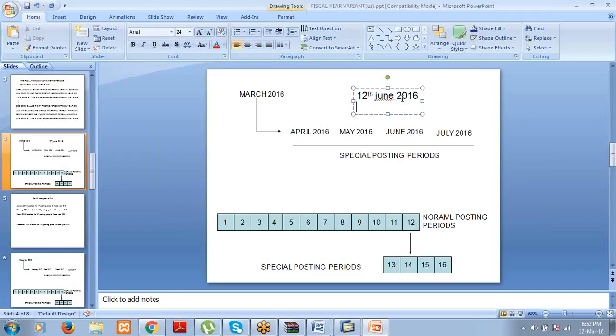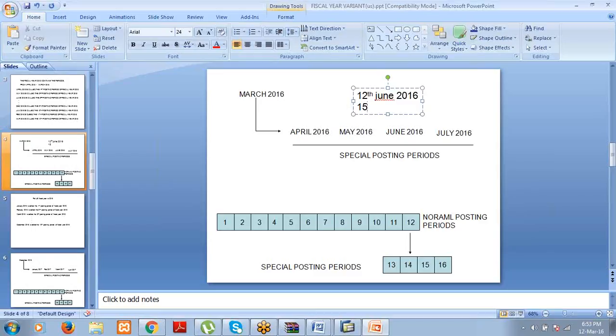If the user enters the period number 3, the system understands that the business transaction is relating to the current year 2016-2017. But if the user enters the period number 15, then the system understands that this is a business transaction relating to the previous year as an adjustment.